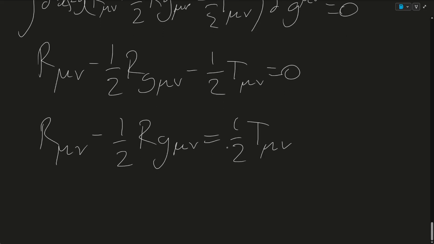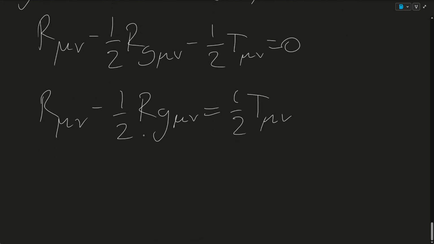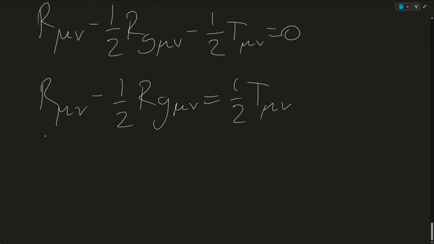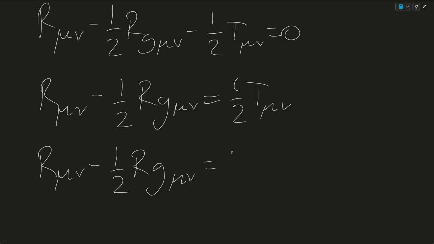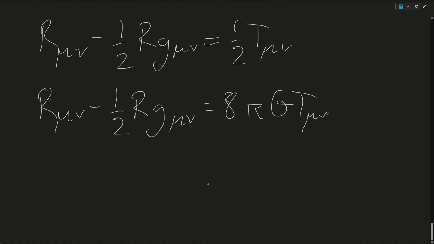More commonly seen. And of course, based on our units from earlier, we get that R_mu_nu minus half R g_mu_nu is equal to 8 pi G T_mu_nu.